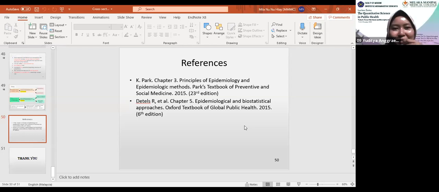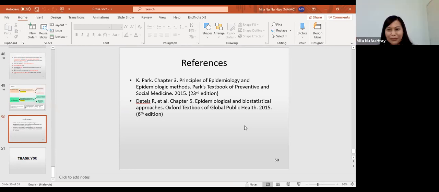Okay, thank you for the explanation, Professor Mila. The second question is, what is the fundamental difference between analytic and descriptive cross-sectional? Thank you very much for the question. So yes, between analytical and descriptive study designs, the main difference is that there is no comparison group in the descriptive study design.